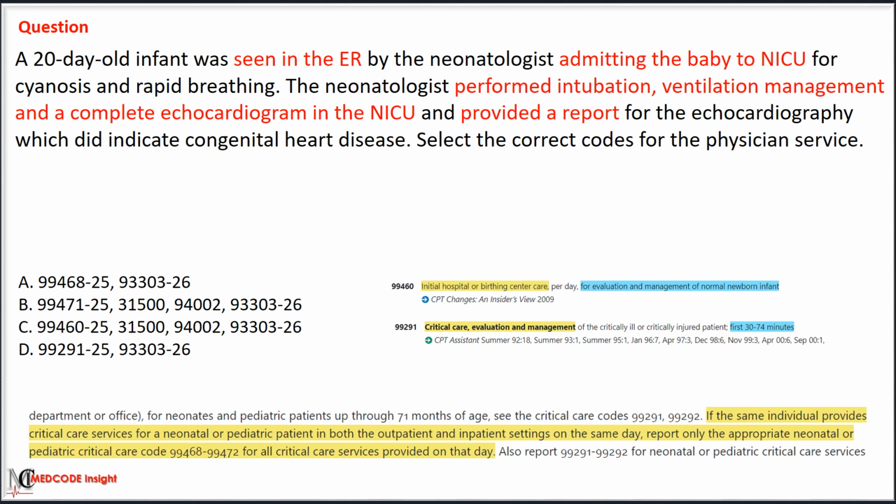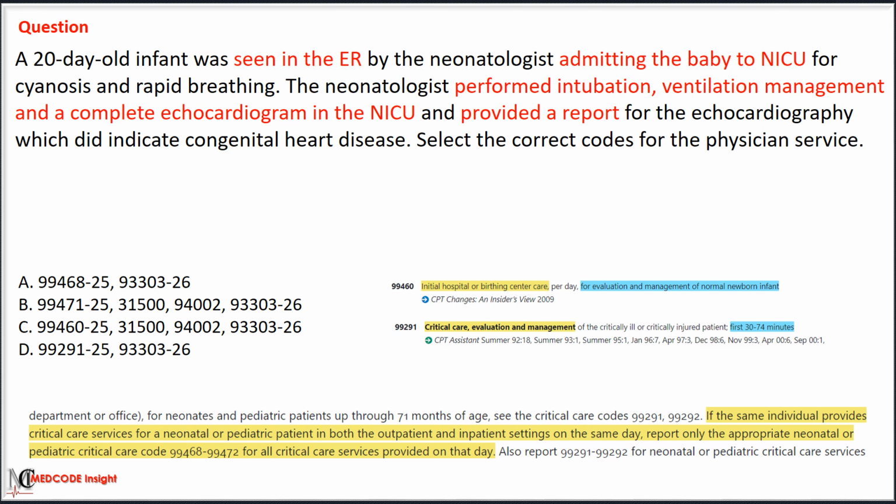According to these guidelines, if the same individual provides critical care services for the neonatal or pediatric patient in both the outpatient and inpatient setting on the same day, report only the appropriate neonatal or pediatric inpatient critical care service code 99468 to 99472 for all critical care services provided on that day.